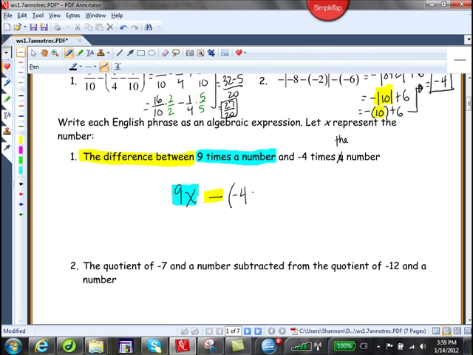So negative 4 times the number would be negative 4 times x. So negative 4 times the number is this. And then this here, the and, is the finishing up of how to write this subtraction. And that's it.